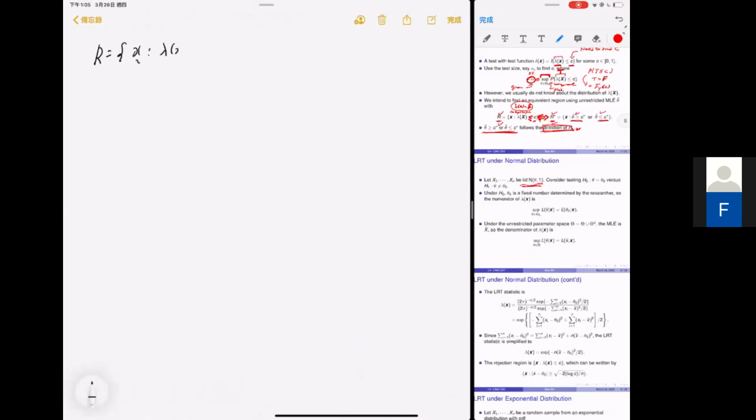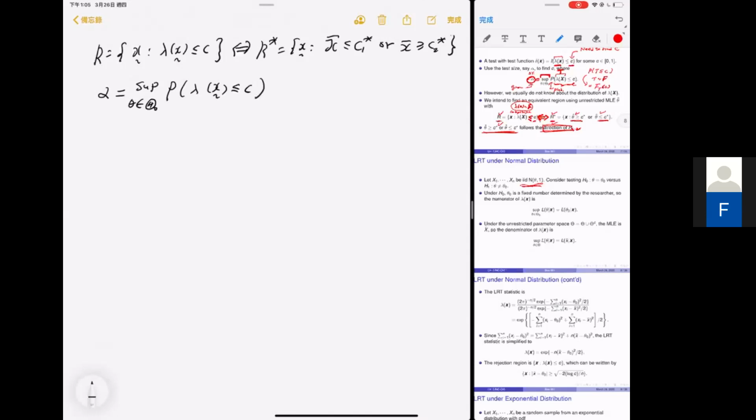Because I know lambda x smaller than c is equivalent to r star, x bar smaller than c1 star or x bar bigger than c2 star, I can use that to say the type 1 error alpha is the supremum over theta belonging to theta not of the probability of lambda x smaller than c.